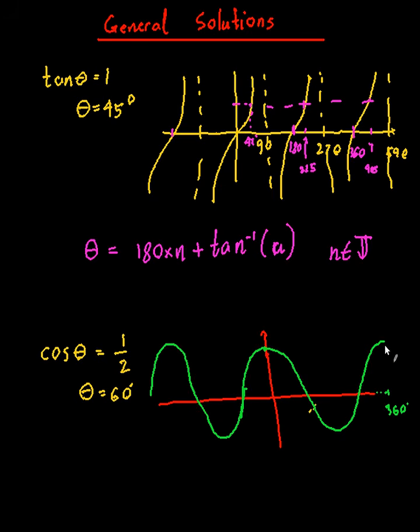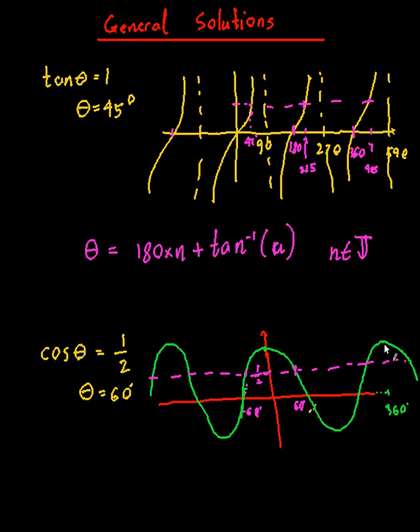Now what you'll notice, if I say cos theta equals a half, is that this point over here is a half. So if I draw a dotted line over here, the first 60 was over there. The thing is, the minus 60 is also a solution.